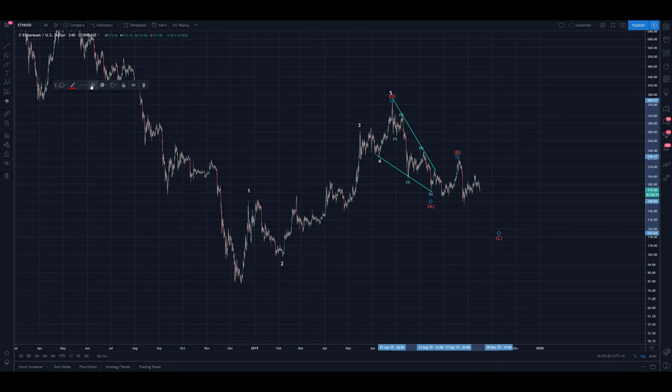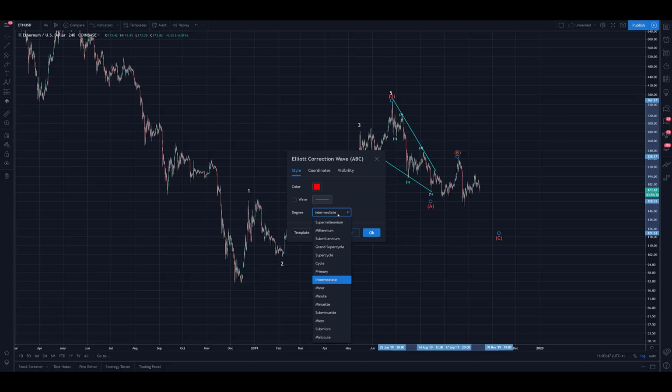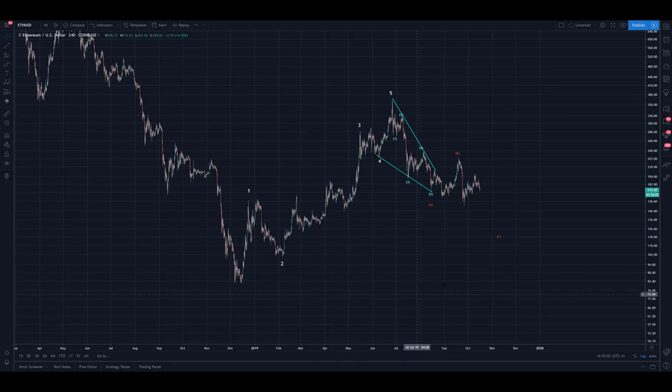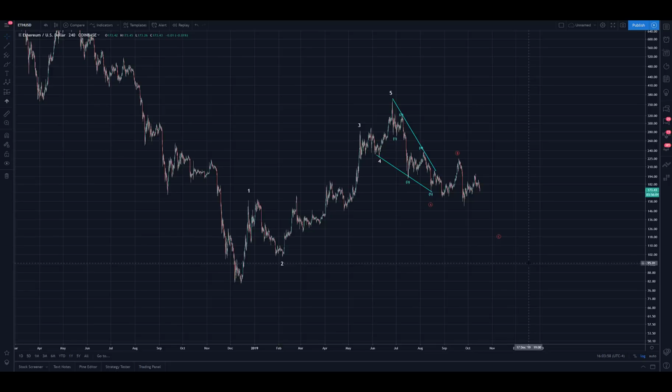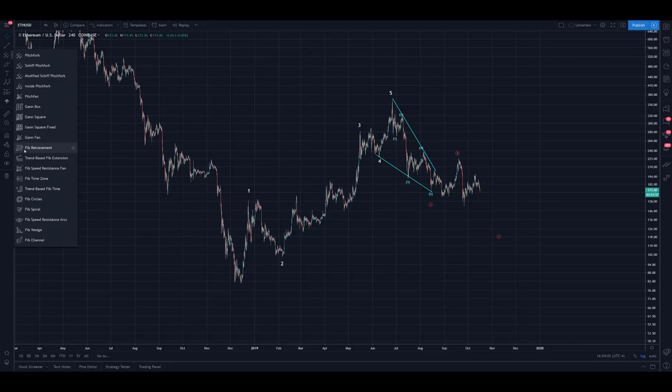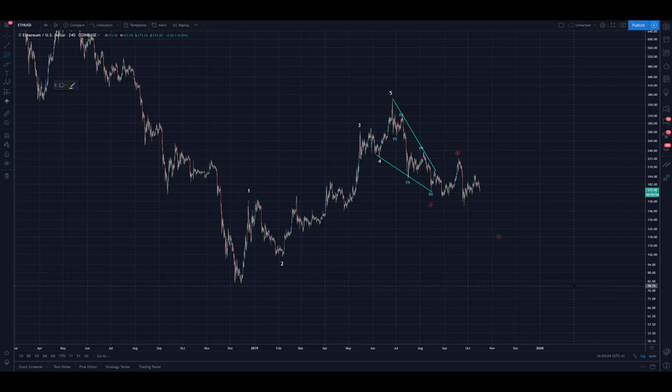So in this case, the key question is, where is the bottom of the correction? And perhaps we can use the Fibonacci retracement tool to see how much of it has already been retraced. The 0.618 has been touched, but I don't think that's the bottom.